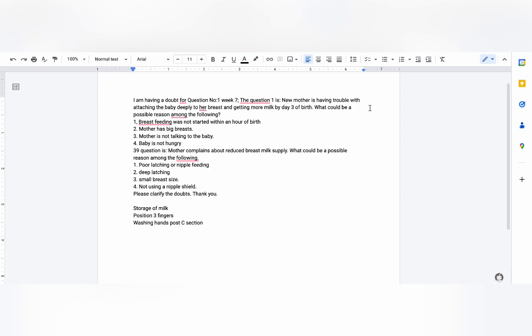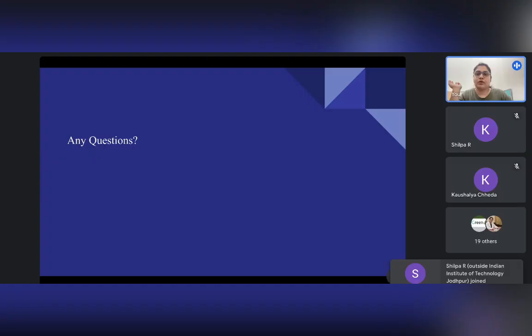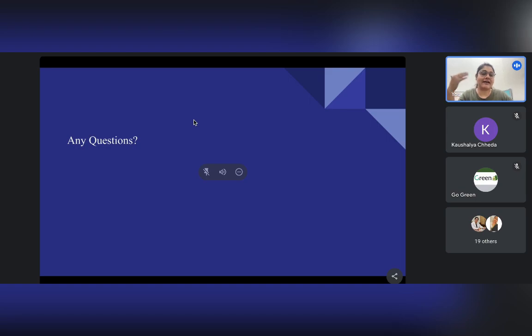New mother is having trouble with attaching the baby deeply to her breast and getting more milk by day 3 of birth. So what could be a possible reason among the following? If initially the mother is having difficulty in attaching the baby to the breast and there is more milk coming in 3 days, we know that the colostrum will now be slowly diminishing within the first 2 to 4 days, and it is the mature milk which is forming, right?